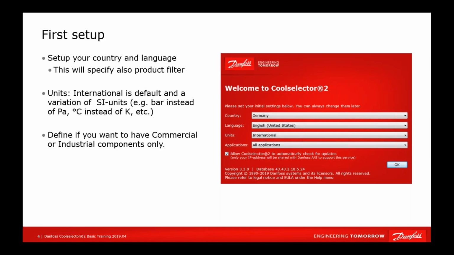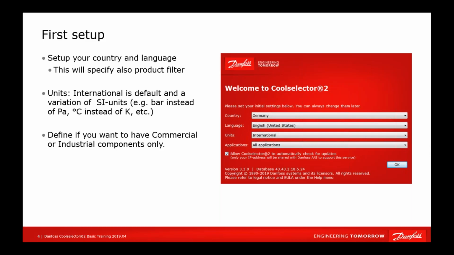The units: we distinguish here three basic unit sets. International refers to the unit set dealing with degrees Celsius, bar for pressure, for instance, and Kelvin for temperature difference.